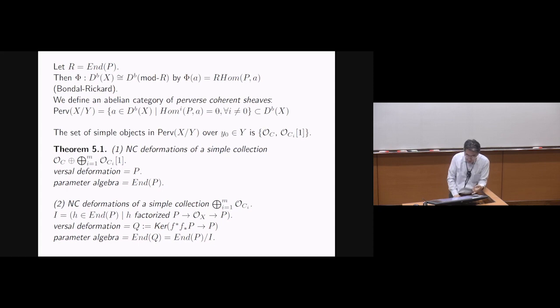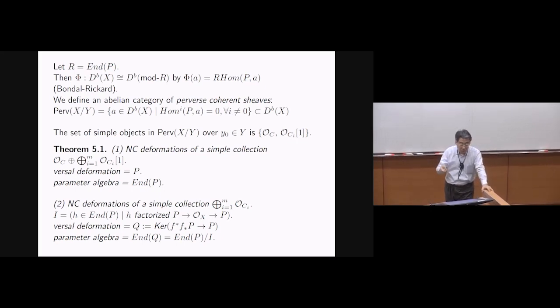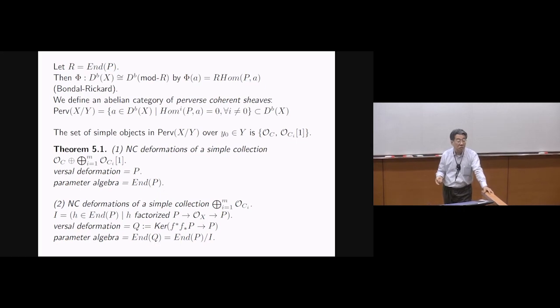The set of simple objects in this category of perverse sheaves over the central point y0 is only the structure sheaf of C and the structure sheaves of the irreducible components shifted by 1. So there are only finitely many simple objects.